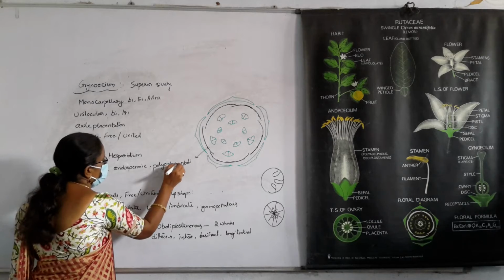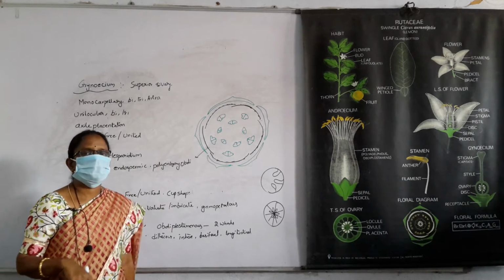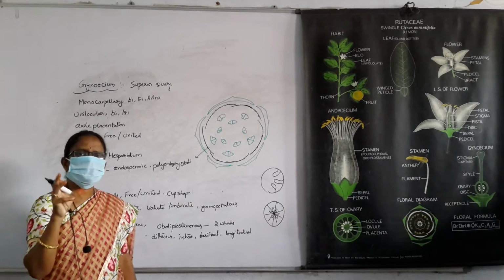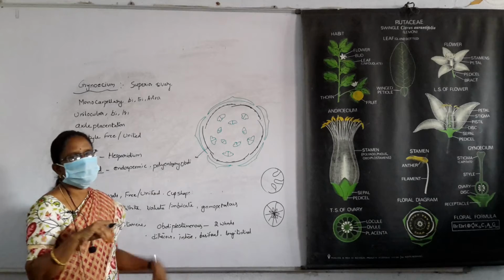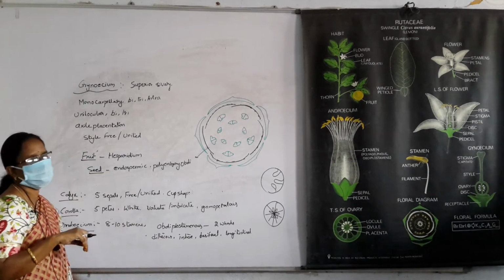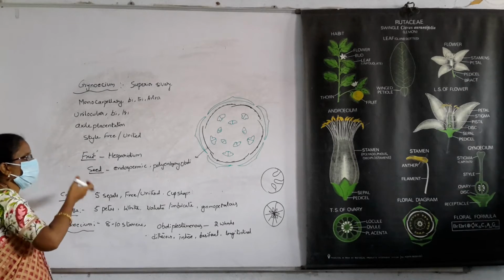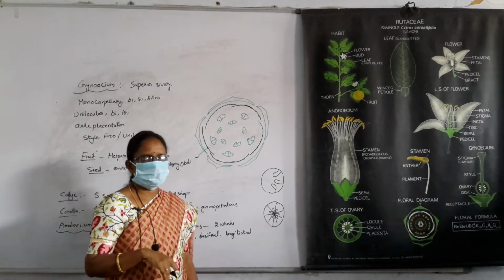Polyembryony means many embryos are present in one seed. This is called polyembryony. And this is the normal fruit, seed, and economic importance of the Rutaceae family.